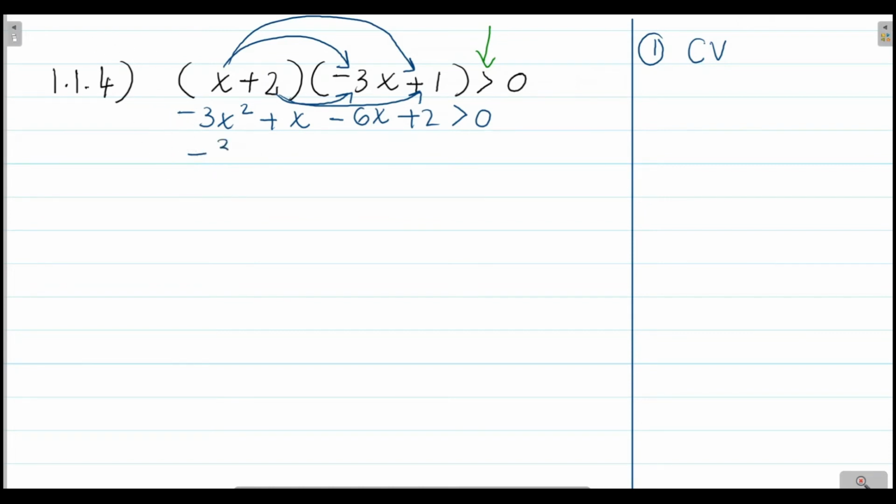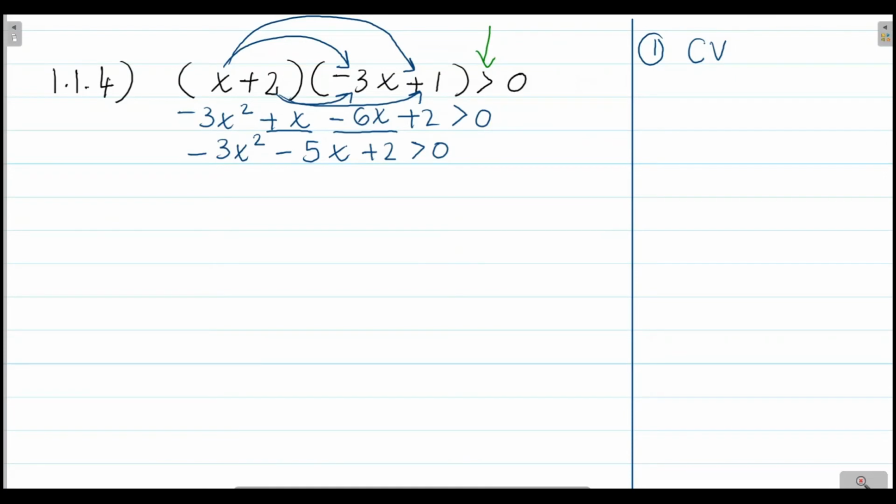So let's simplify this further. It's going to be negative 3x squared, positive x minus 6x, which equals minus 5x plus 2 is greater than 0. Okay, so guys, here we cannot simplify this further using a process of inspection, but we can use the quadratic formula, right?